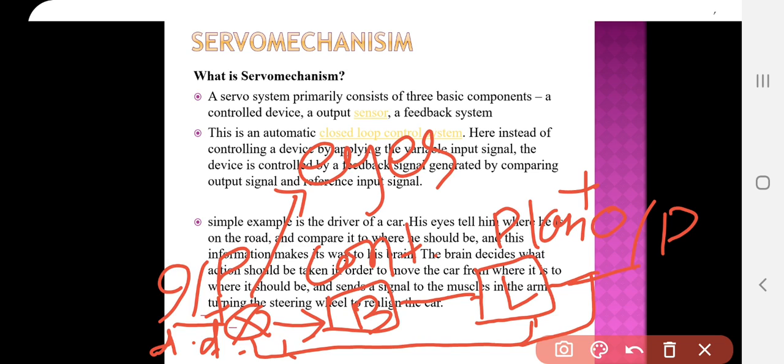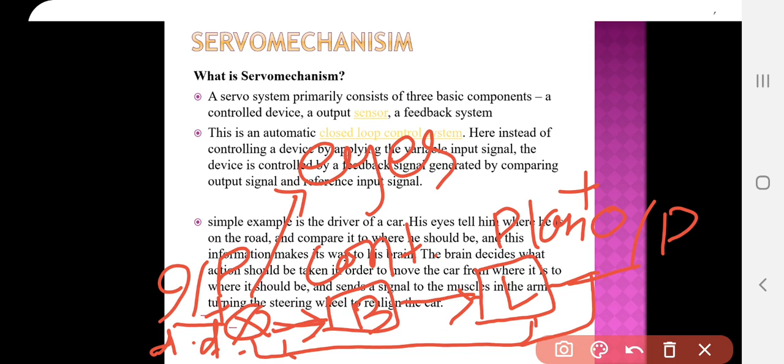Then in the brain he thinks in what way he can go from the source to the destination place, and this information is transferred to the brain by the optic nerve of the eye. Then the brain gives instruction to the leg, that is the plant. The brain is the controller here. Then it gives instruction to the leg to start the car. Then the car starts to drive.